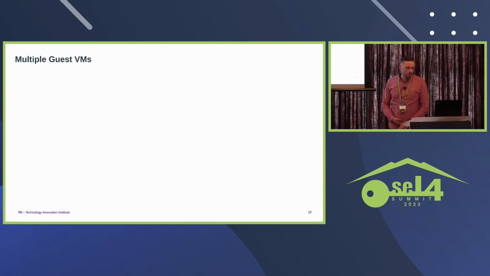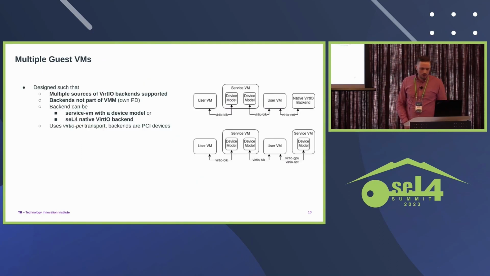Now we also support multiple guest VMs. The design is built in a way that allows us to have multiple sources for VirtIO backends, and we assume that the backends are not part of the VMM.